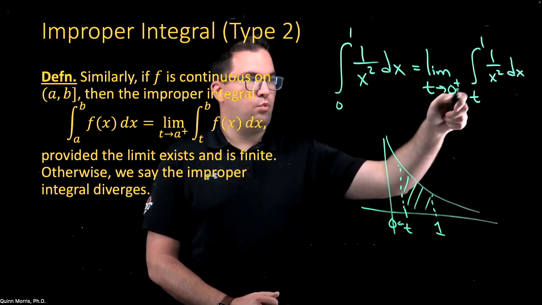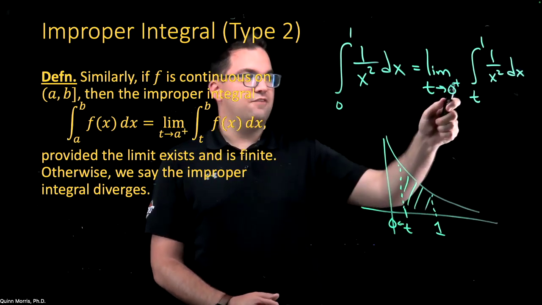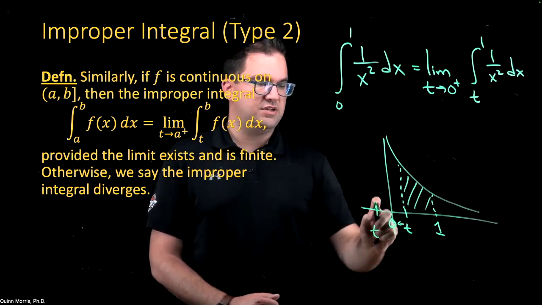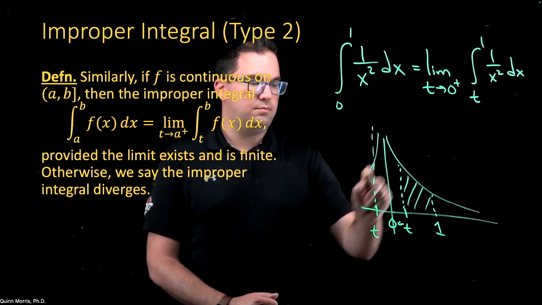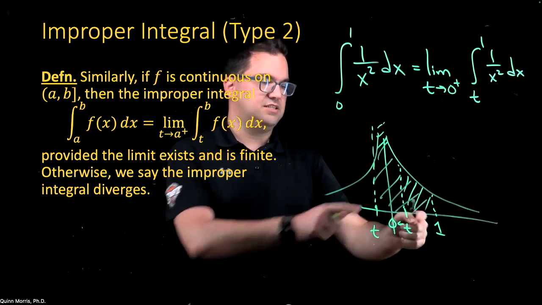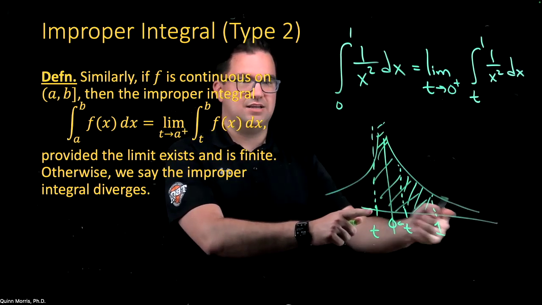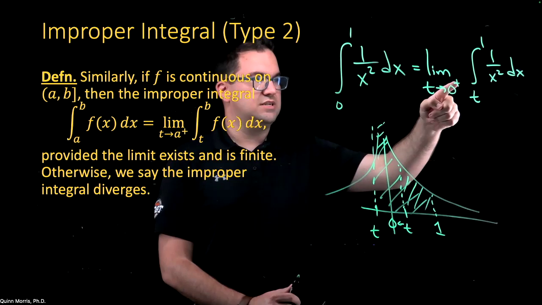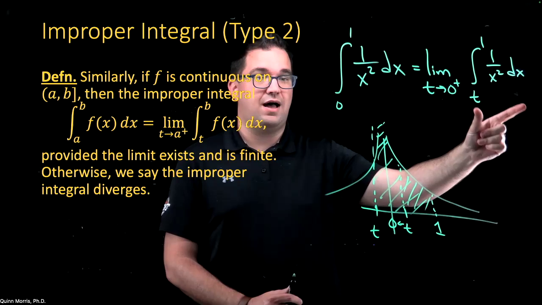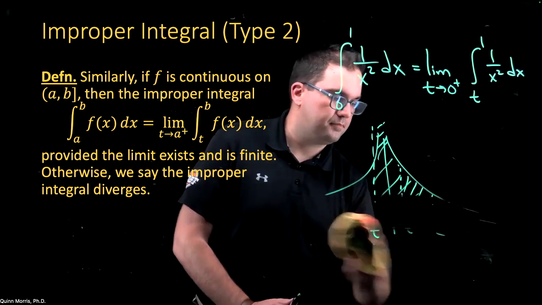That's exactly what this does: I'm taking the limit as t approaches 0 from above. If I don't put that there, then I allow the possibility that t is over here, and then I don't know how to compute this as a nice definite integral because it has this vertical asymptote in between. It's not continuous on this interval. So the whole reason for choosing t to be approaching 0 from above is so that you can guarantee that this is a well-defined definite integral on the interval t to 1.